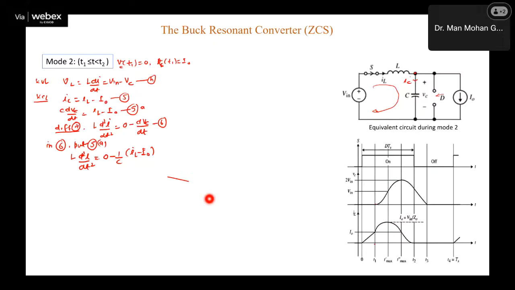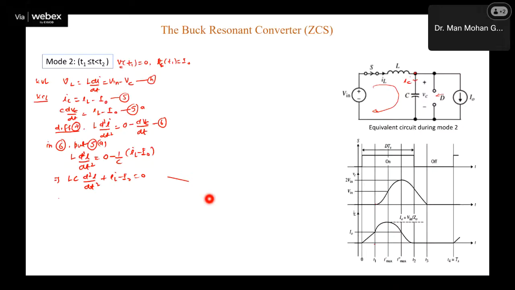Correct? So if I simplify this, I take C to this side, this becomes LC d2I upon dt2. Then I take this term also to this side, plus IL minus I naught equal to 0. So I further divide this by LC, then it becomes d2I upon dt2 plus 1 upon LC into IL equal to I naught upon LC.